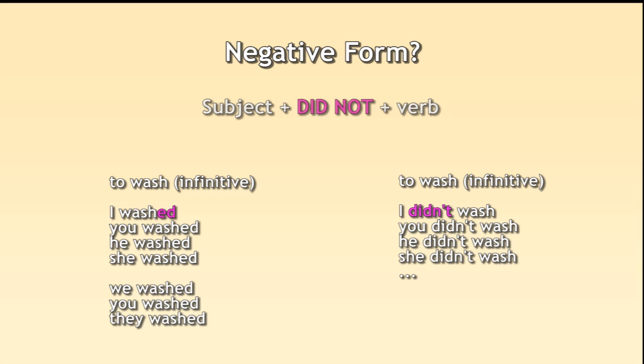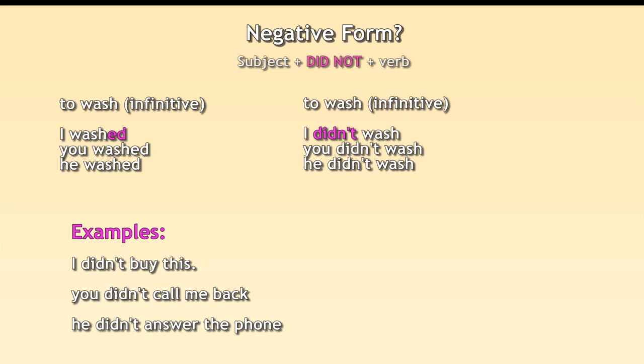I didn't wash, you didn't wash, he didn't wash, she didn't wash, we didn't wash, you didn't wash, and they didn't wash. Very simple, no conjugation present. The only hard thing is that you have to mark the negative with a helping verb, and you have to drop the ed ending with the main verb. That's a little bit tricky.